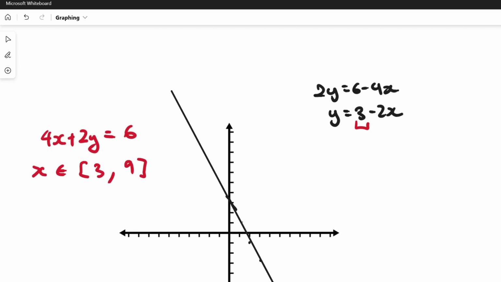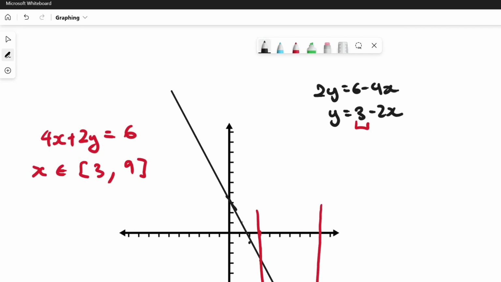So the domain of it is between 3 and 9. So let's see. Let's find the 3 first. So 1, 2, 3. 3 is here. And now 9. 3, 4, 5, 6, 7, 8, 9. So here. So the domain has to be between 3 and 9.